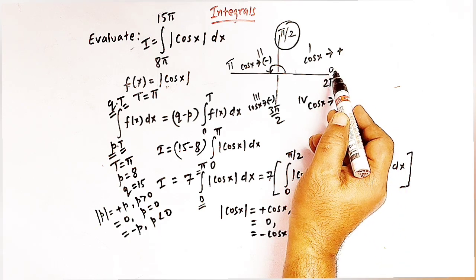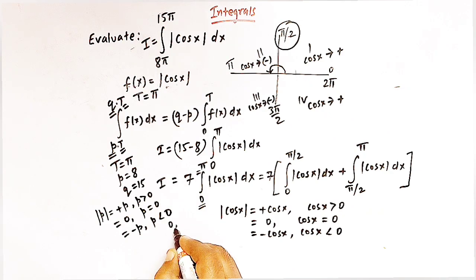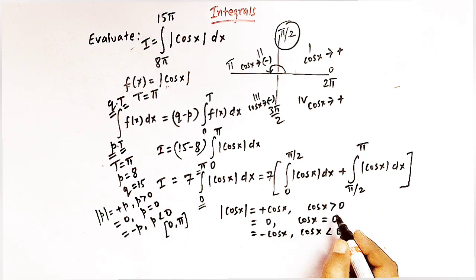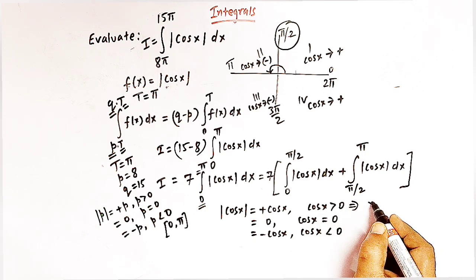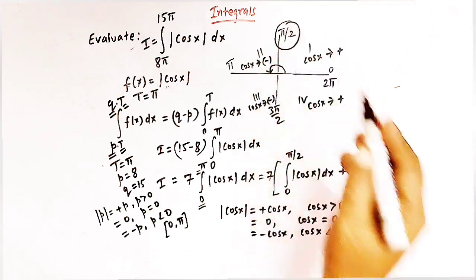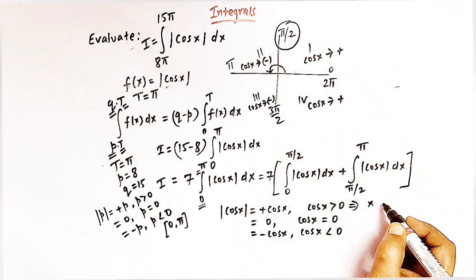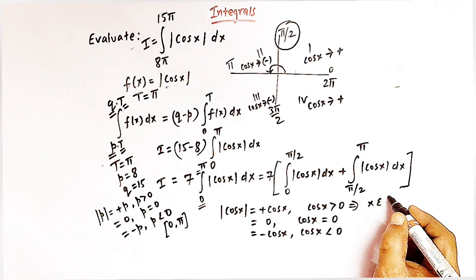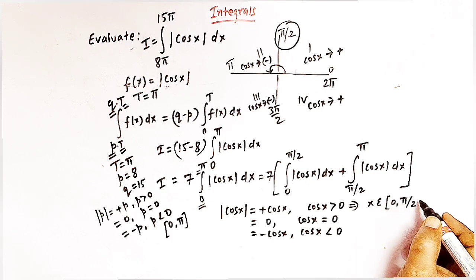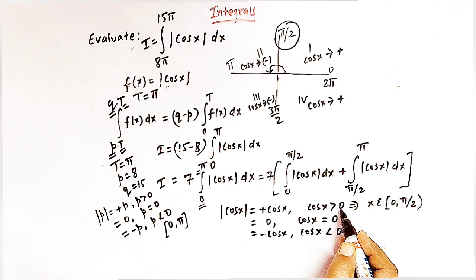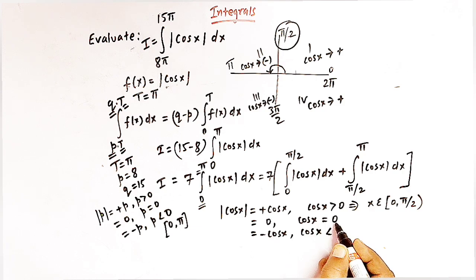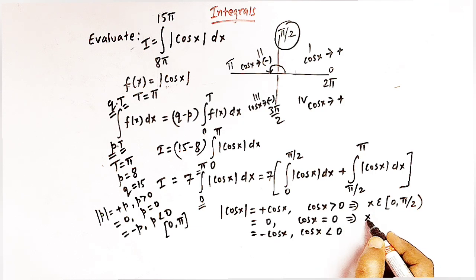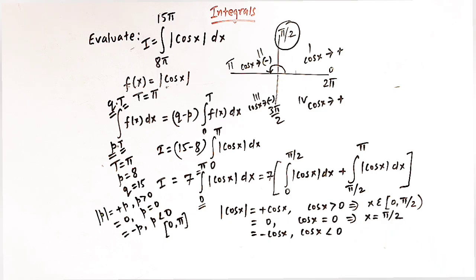Since we are restricting ourselves to the interval 0 to pi, when cos of x is greater than 0, it implies that x must lie between 0 and pi by 2, right? So when x belongs to the interval 0 to pi by 2, cos of x is greater than 0. It means we are in the first quadrant. When cos of x is equal to 0, it implies that x is equal to pi by 2, because cos pi by 2 is equal to 0.